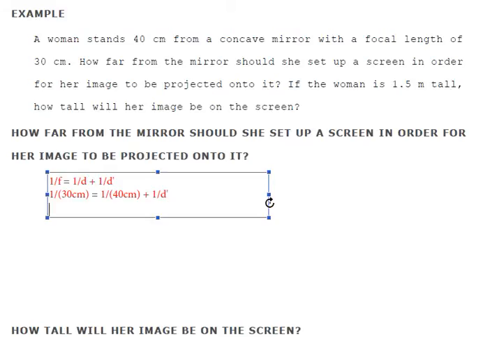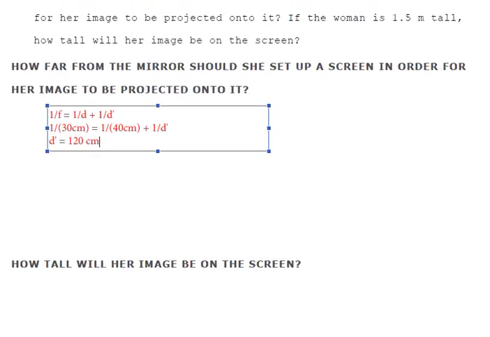That's what we're trying to find here. So we go through here, 1/30th minus 1/40th. That'll leave us with 1 over d prime, so we invert what we get there and have d prime equals 120 centimeters. So we've satisfied the first question it asks, how far away should the screen be? She should place it at 120 centimeters.